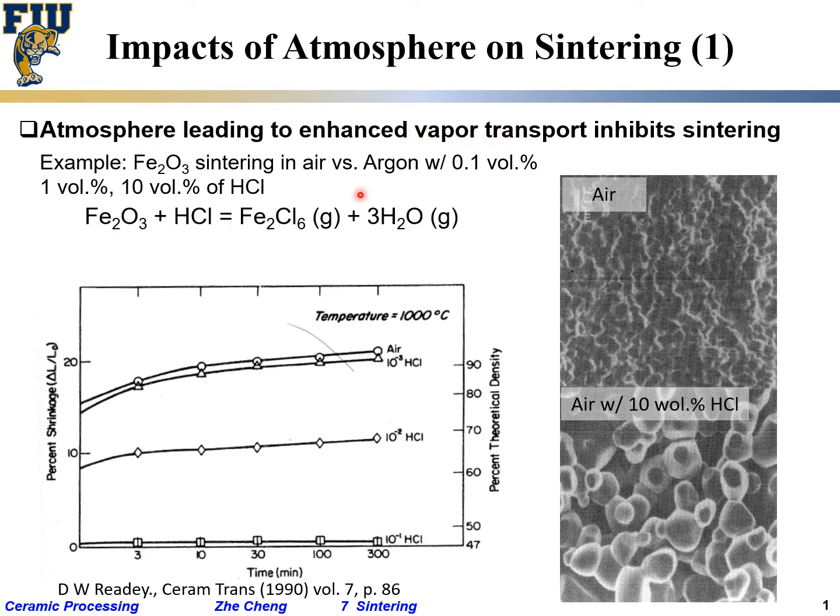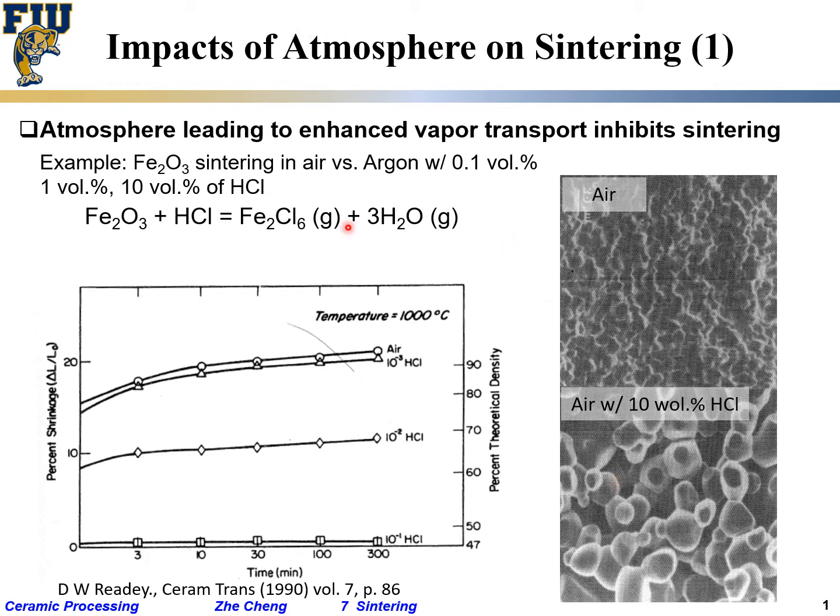And fundamentally, from the chemistry point of view, sorry, the equation is not balanced. You see, catch my mistake? The equation is not balanced. But anyway, iron oxide plus hydrogen chloride forms iron chloride, but as a gas, plus water. And all this gas vapor will make the gas transport faster and not really densify.